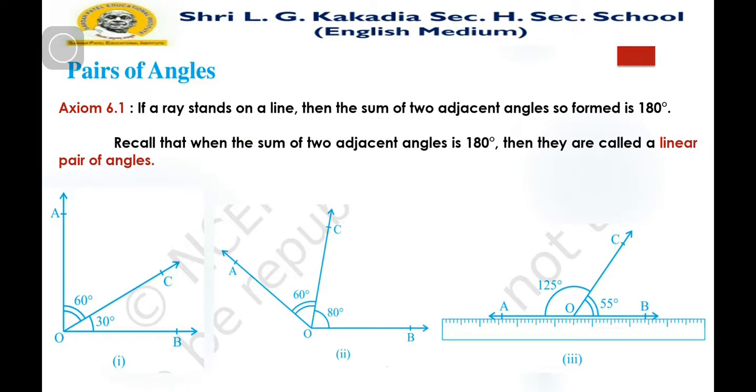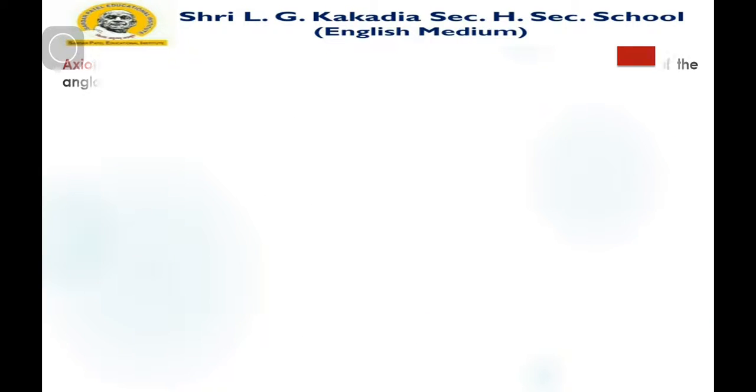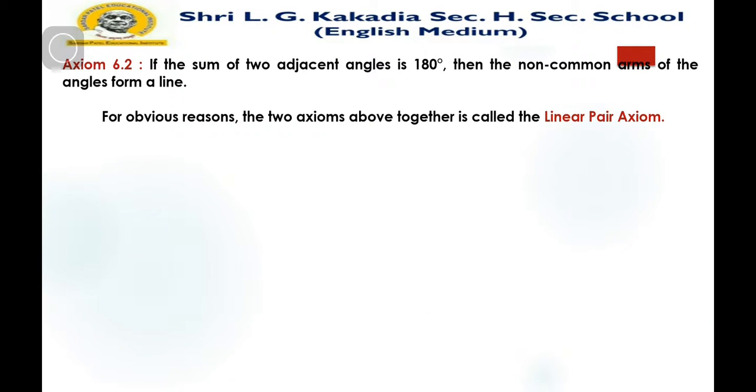Now let us see its converse part, that is axiom 6.2: if the sum of two adjacent angles is 180 degrees, then the non-common arms of the angles form a line. This means we are taking a converse of 6.1. For obvious reasons, the two axioms above together are called the linear pair axiom. Remember that axiom 6.1 and axiom 6.2 are known as the linear pair axiom.